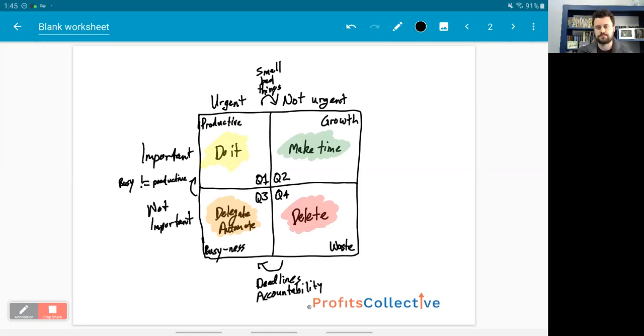So the one other thing, if I want to be all symmetrical and complete. I've got these arrows going around showing how to move from one quadrant to the other. I don't really think it's worthwhile putting an arrow here to go from Q2 down to Q4. But it's worth mentioning that fun is usually in Q4, or chilling out, goofing off with friends and family, spending time with your children.